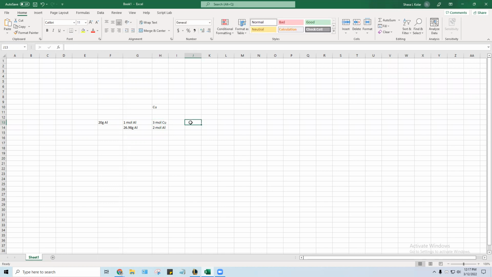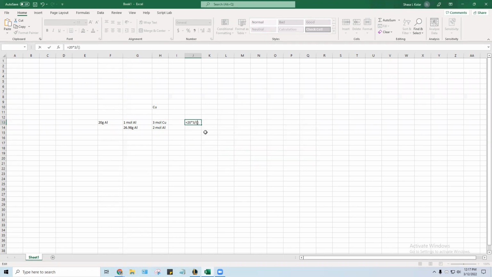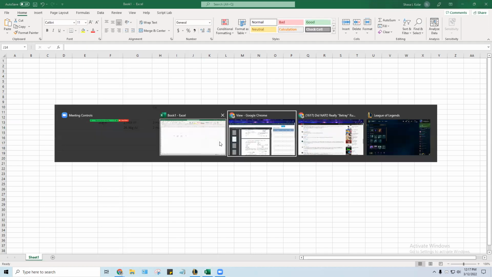So all we have to do is plug that in, and we'll get 20 times 3. And then we'll divide that by, I know it's terrible, I don't like using Excel, 9/8 times 2. That should give us our answer of 1.11.